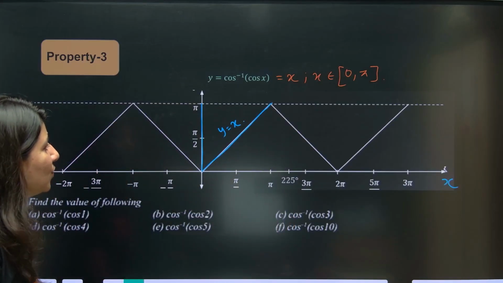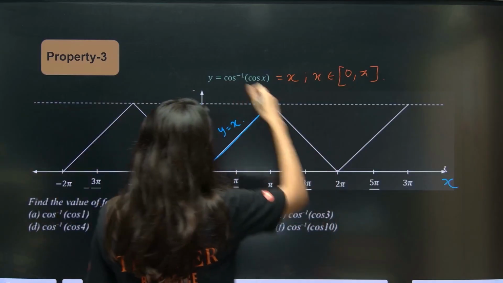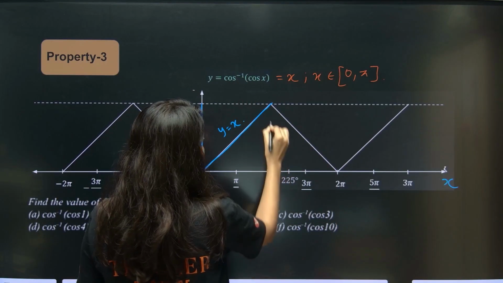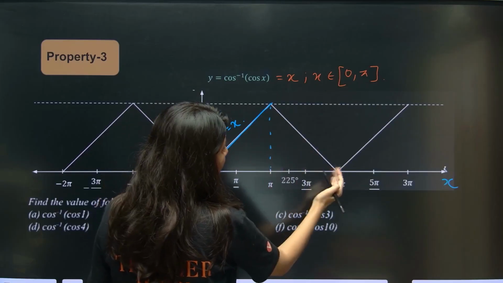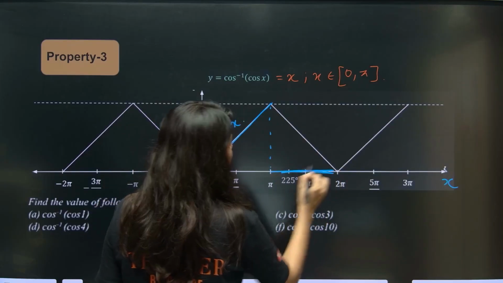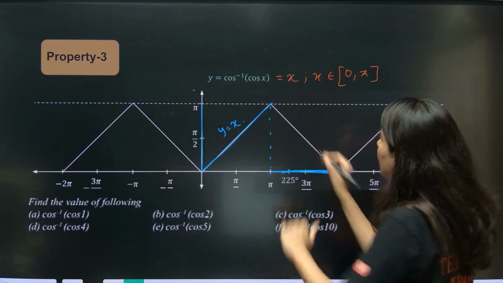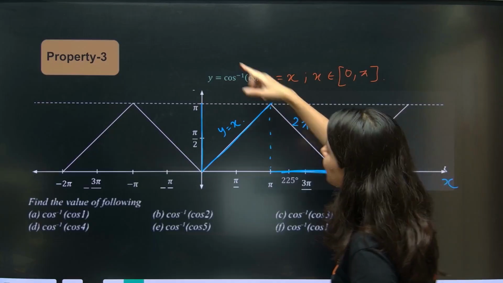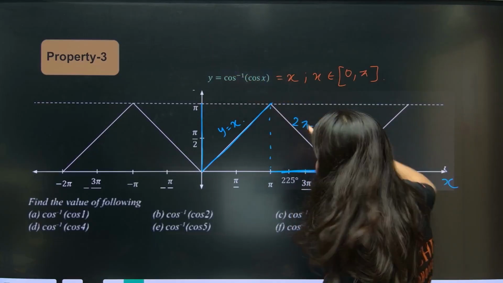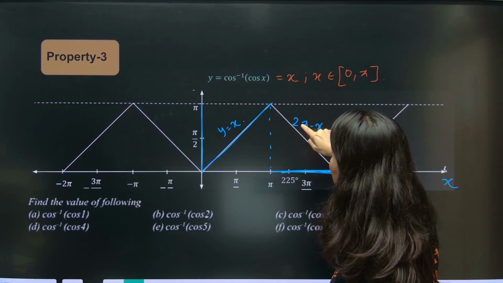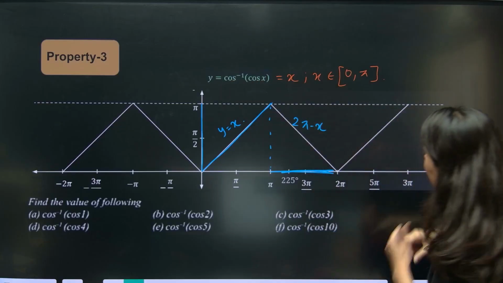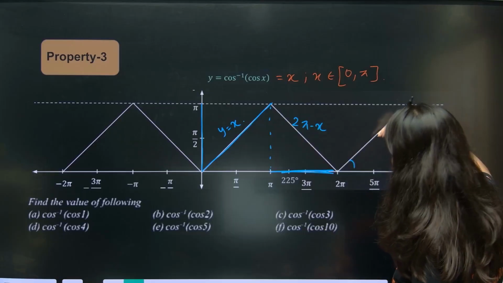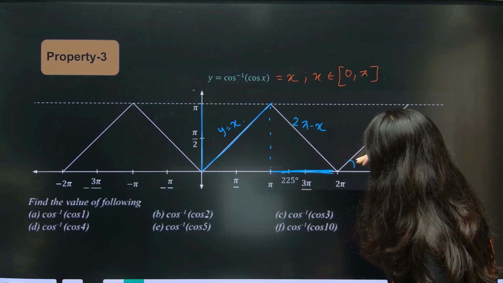So y is equal to x. Now what about this? Understand this line. This is the first and second quadrant. Now second and third quadrant will be 2 pi minus x. See, this line will intersect the y-axis at positive 2 pi, that's why this is 2 pi. And this is 45 degrees.